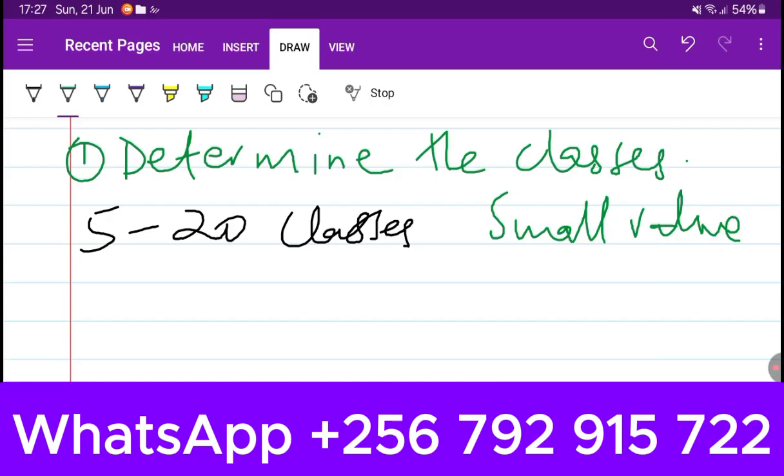Because if they give you data that has maybe 1, 2, 3, then you pick a class that starts at 5, maybe 5 to 10, you have skipped some data. That's why if they have given you this, it is better you start maybe with 1 to 5, so that even that smallest value in the data set is going to be included. So it is very important for you to include the smallest value in the first class that you are creating.